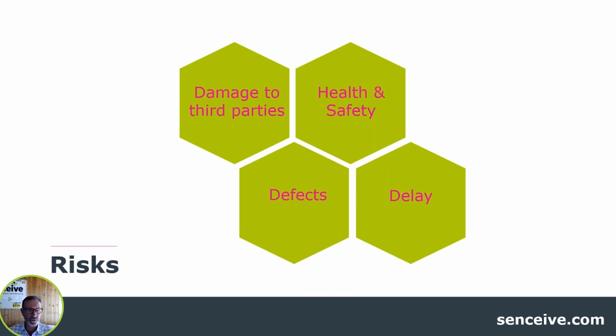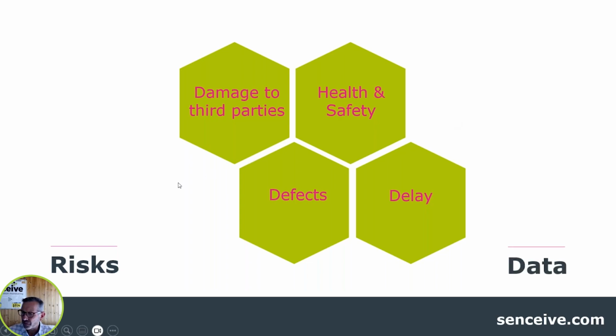I think monitoring can play a role in detecting those early and preventing them. And there is a risk of delay, which can affect not just program, but also budget. So I think monitoring needs to address all of those if it's really to earn its keep.